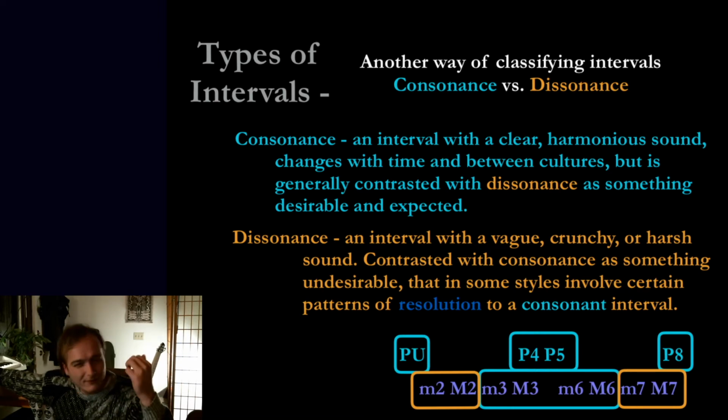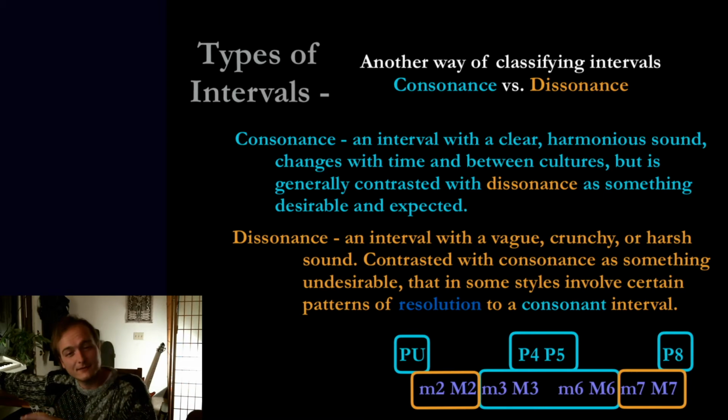The seventh, dissonant. The minor seventh is also kind of dissonant, although a little bit more consonant than the major seventh. I don't know if you would agree, but this one's clearly crunchier or stranger. This one's nice. Now here we're in the realm of consonance.